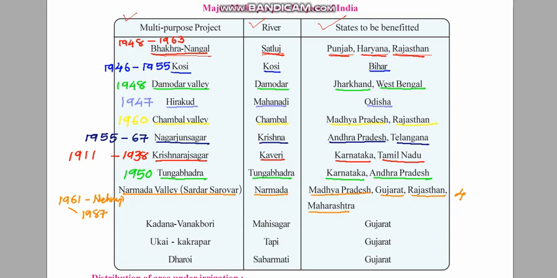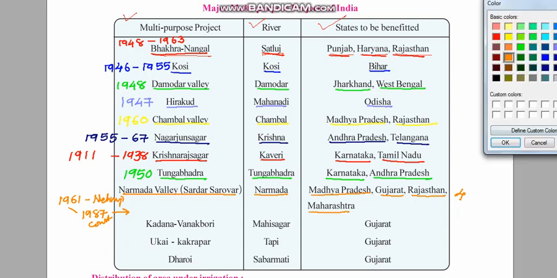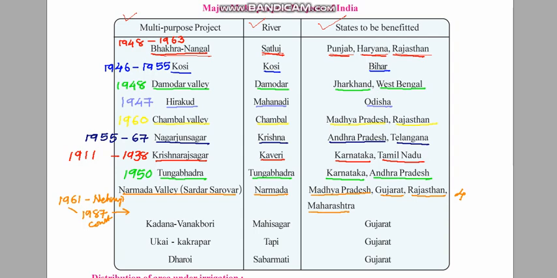In the year 1987 it again started. So the construction of the dam started in the year 1987, but in the year 1995 it got a stay.